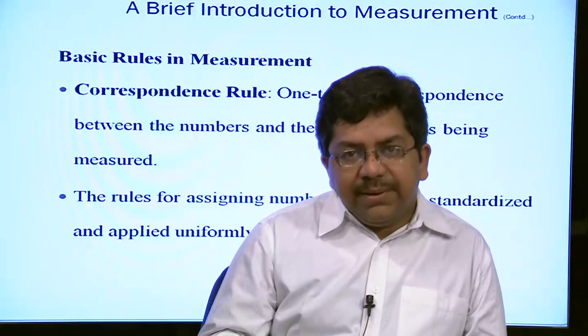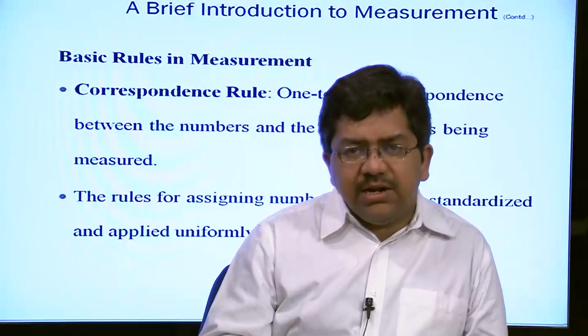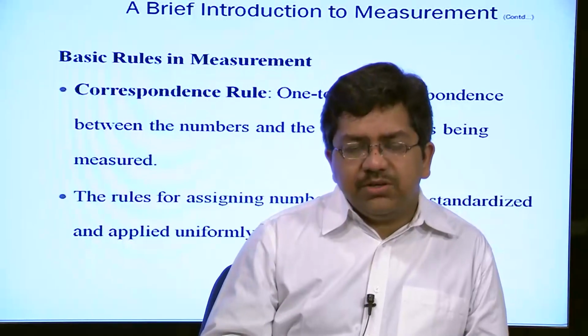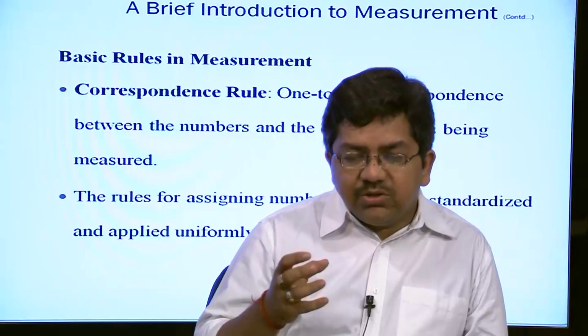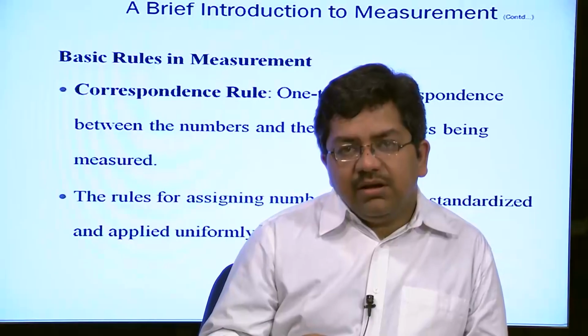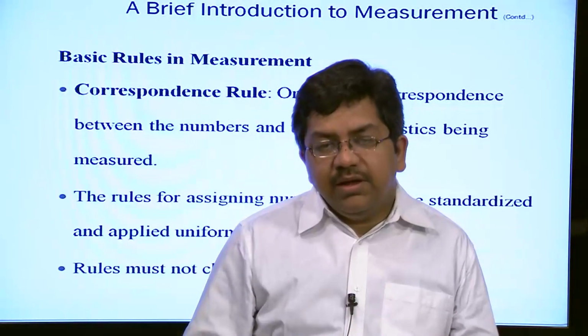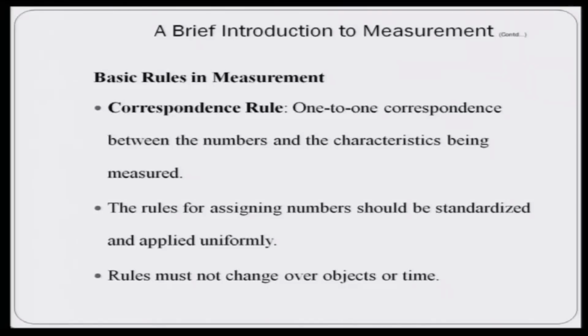The way in which you assign the numbers to an object based on its property should be standardized, decided a priori, and applied uniformly. And one more thing which is very important is that these rules of assignment should not change over the period of time.